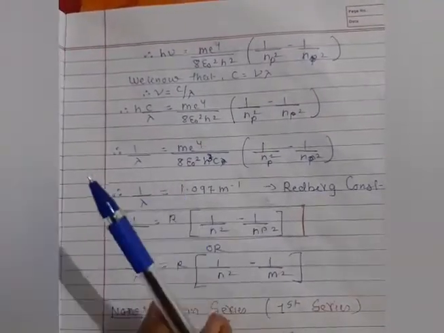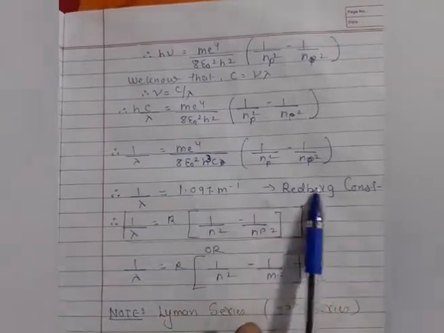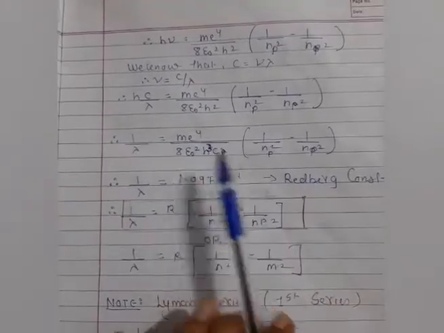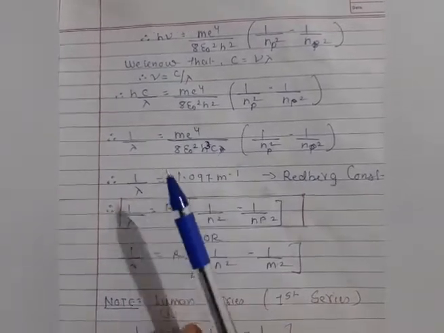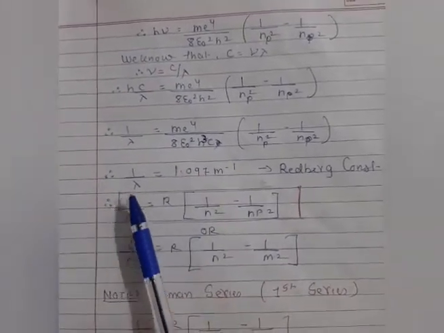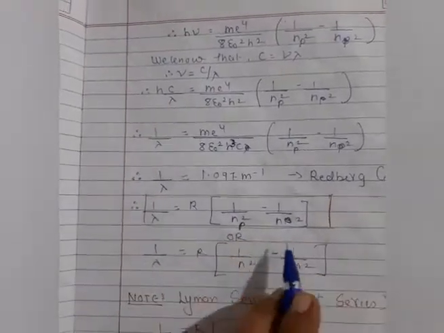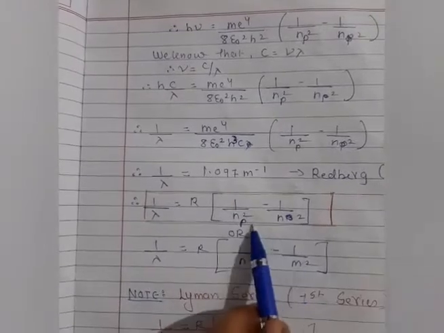In the previous video you got this formula directly, but here you are getting the proof of this formula with the help of different energy levels, and the different energy levels having the constant formula of the wavelength. And 1 by lambda equals R times (1 by n square minus 1 by np square), p orbit, n orbit.